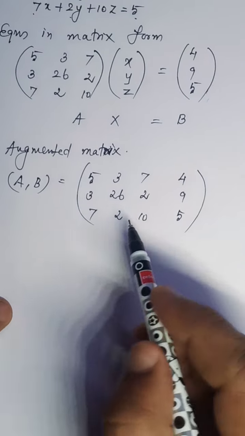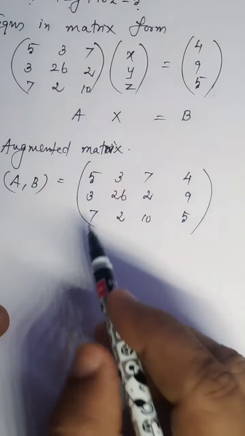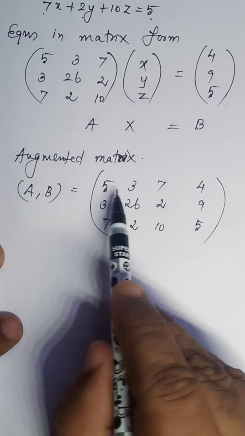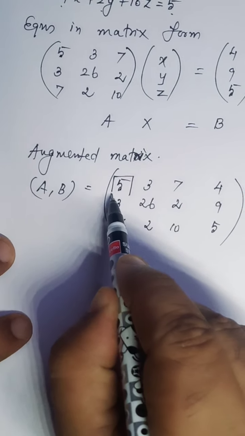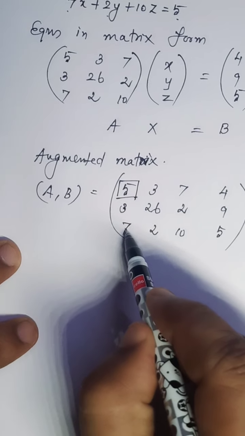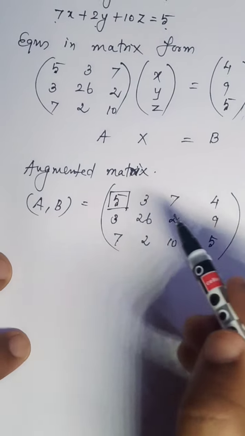We have to change this into echelon form. For that, you have to consider the first non-zero element. This is the first non-zero element in the first row, below which two numbers are there, 3 and 7, both to be converted into zeros, right?